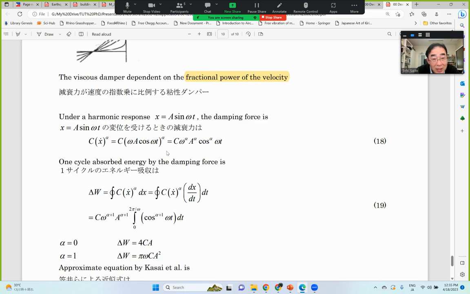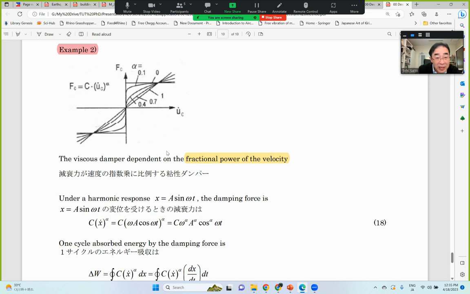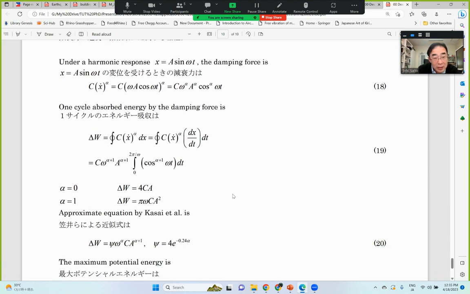Okay. So actually, this is a very complicated formula, and damping force is equation 18, under sinusoidal movement. And one cycle energy is equation 19. But it's very complicated to calculate this integration.